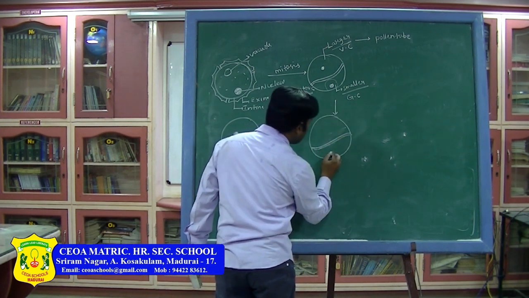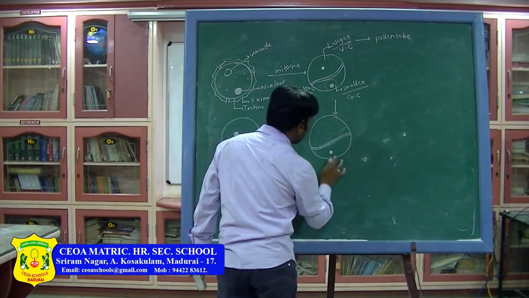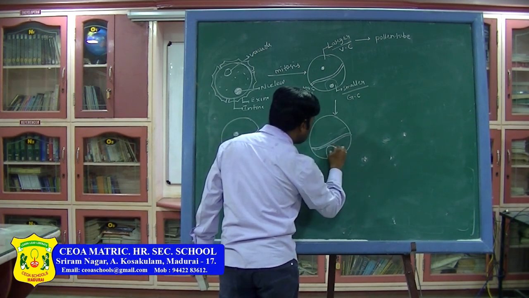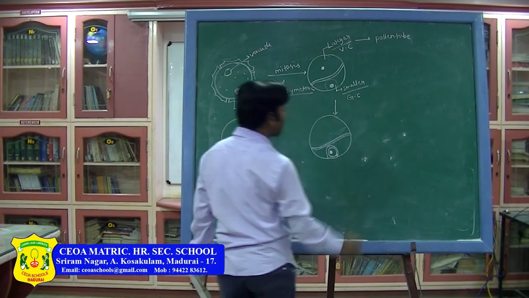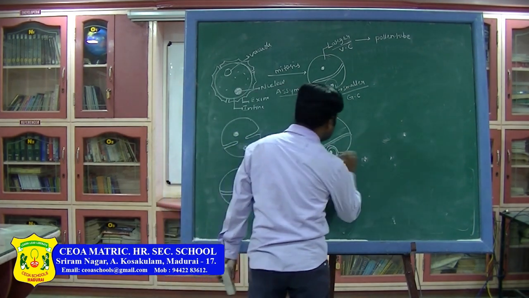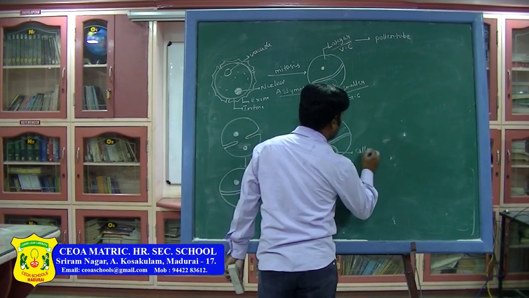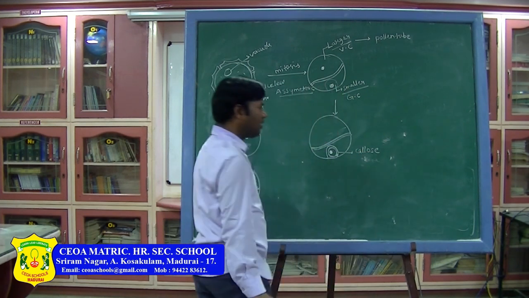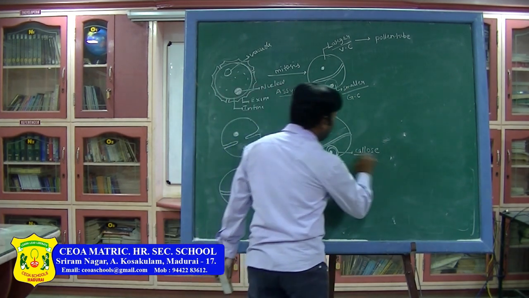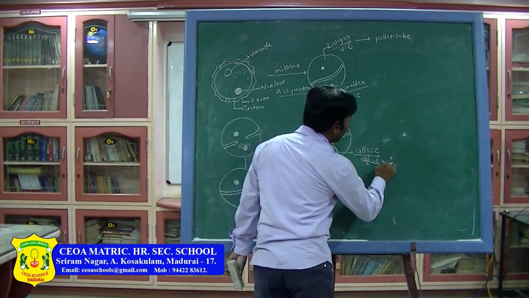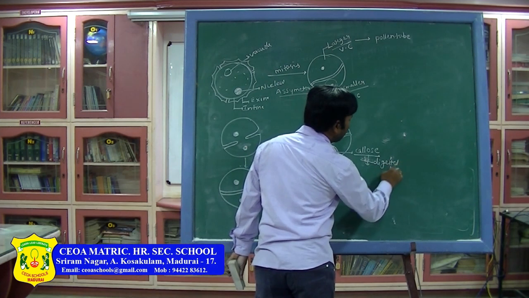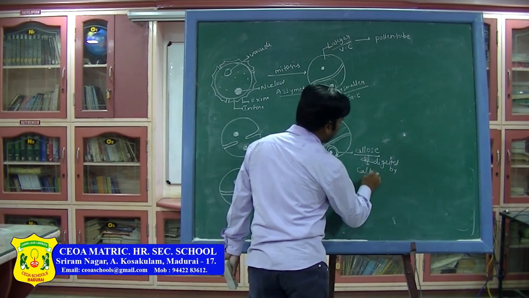Okay, around the nucleus, what happens? A callose plug will be formed in this manner. A callose plug will be formed. What is this? Callose. This callose will be degraded, digested. Callose will be digested by callase.